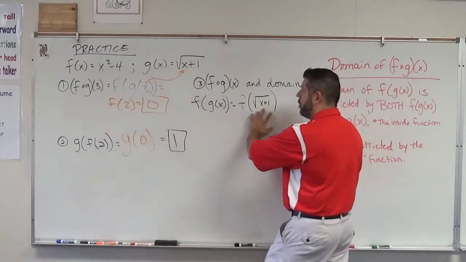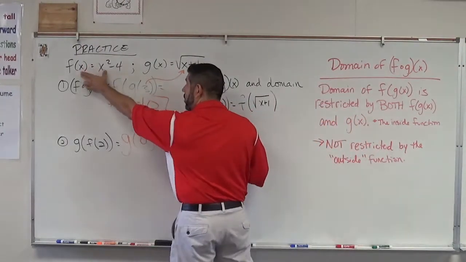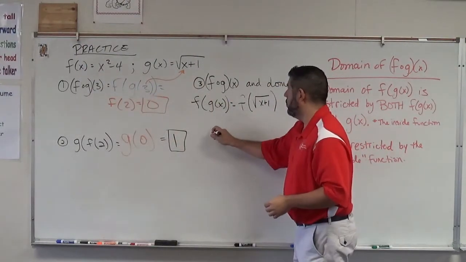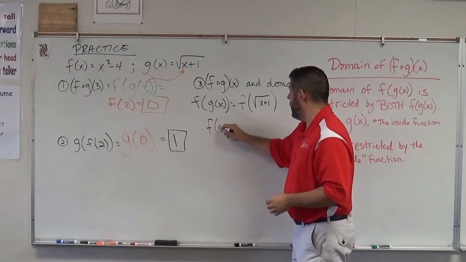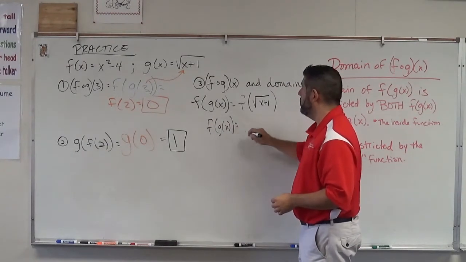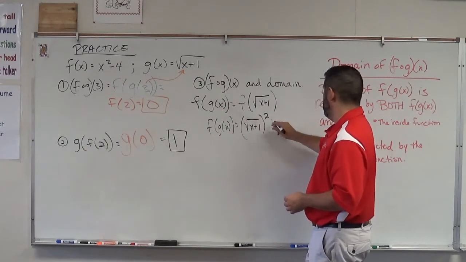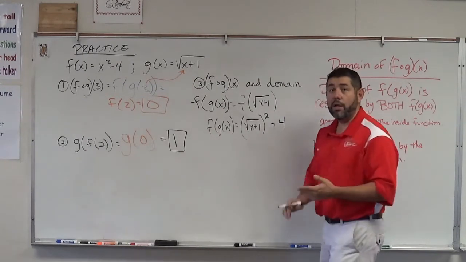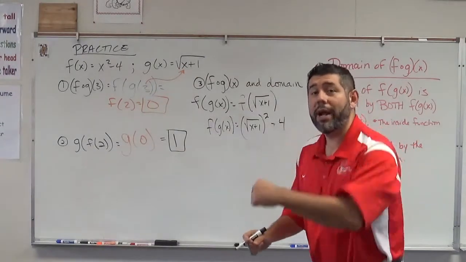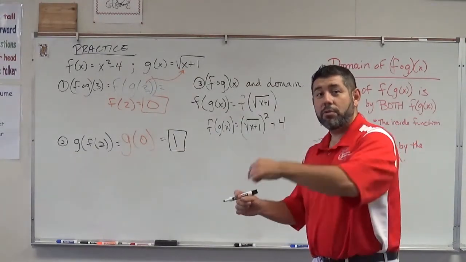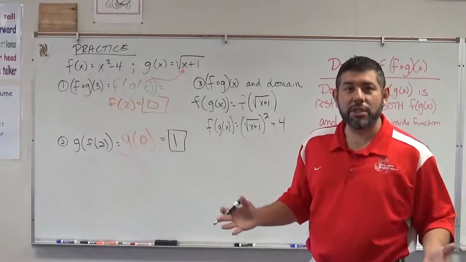Square root of x plus 1 is going to go in here for x in our f function. So we're going to have f of g of x is going to be the square root of x plus 1 squared minus 4. Well, what's the square root squared? Square root squared just kind of cancel each other out, right?